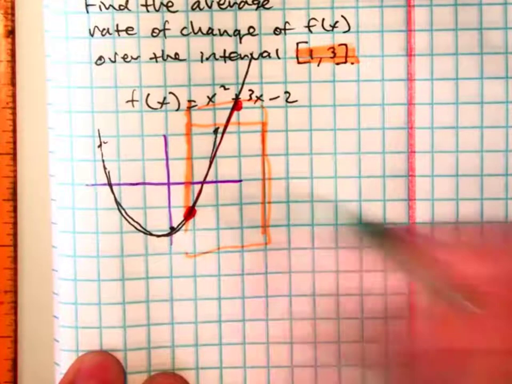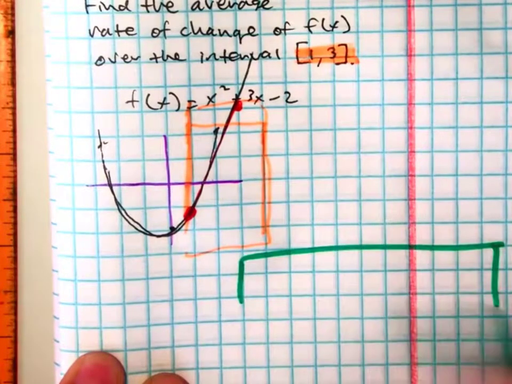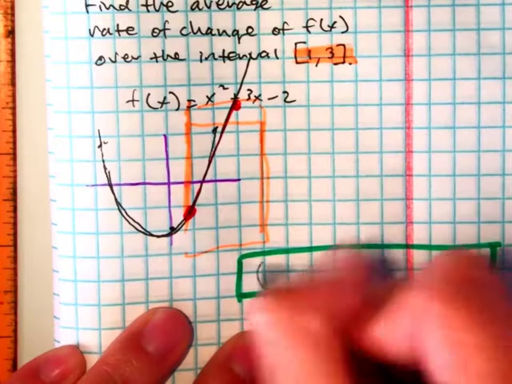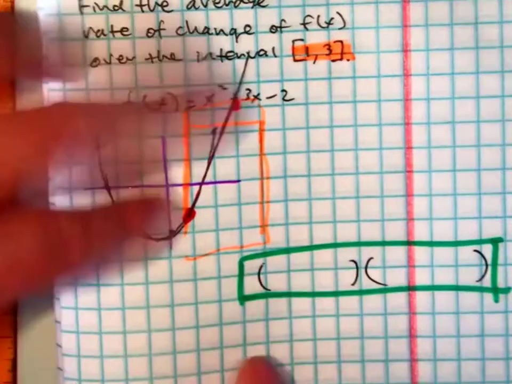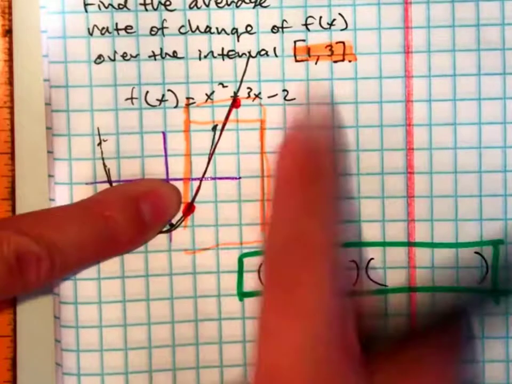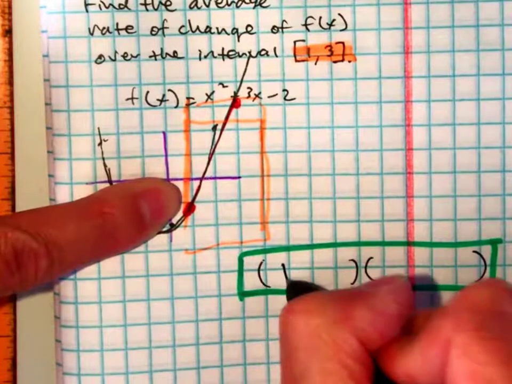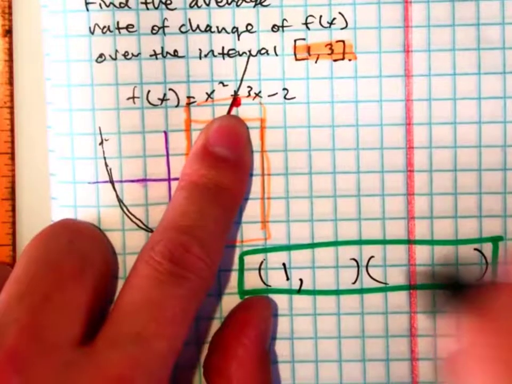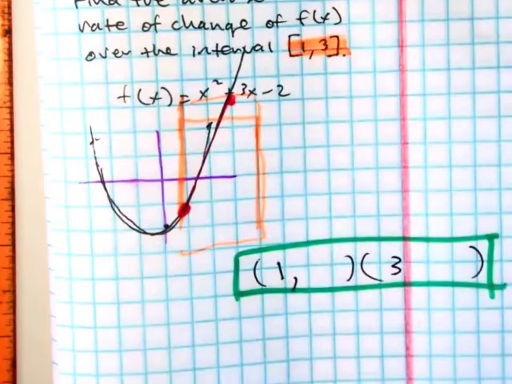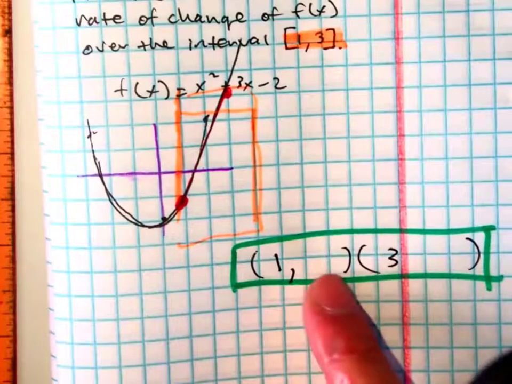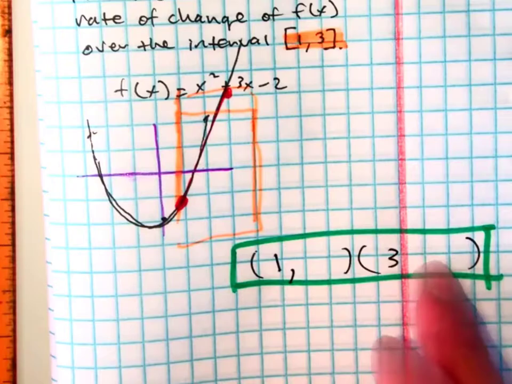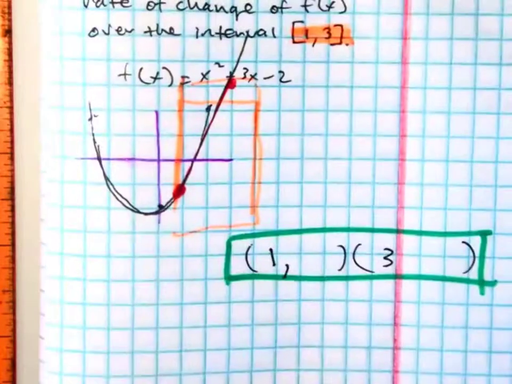You basically have two sets of ordered pairs. In this first ordered pair, you know the x value is 1. And you know on the second coordinate, your x value is 3. We basically need to figure out what the y coordinates are here, and then we just need to find the slope between those 2 points.